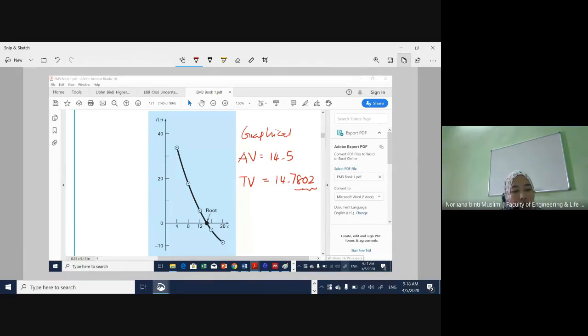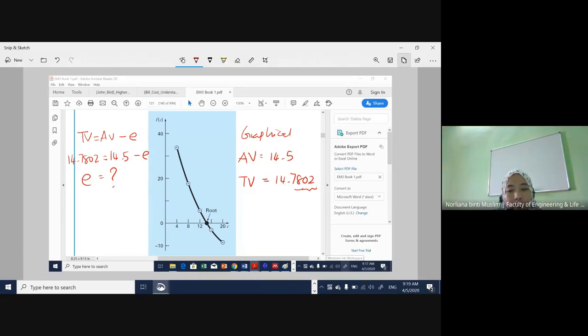So if we want to find the error, for example, just now I showed you the formula: true value is equal to approximation value minus E. So the error between these two will be 14.7802 equals 14.5 minus E. So you can check what your E value is.